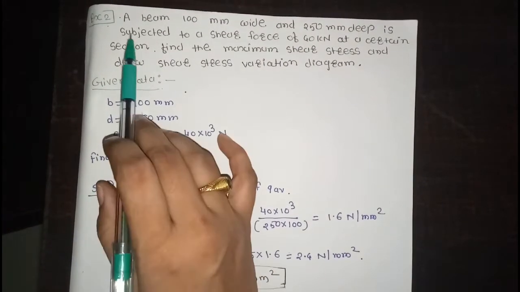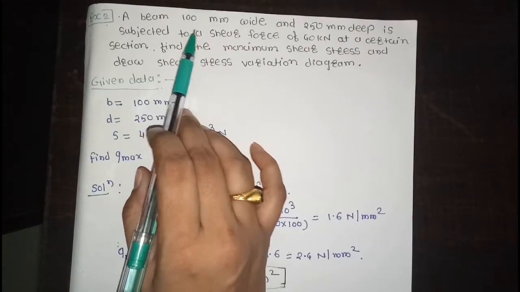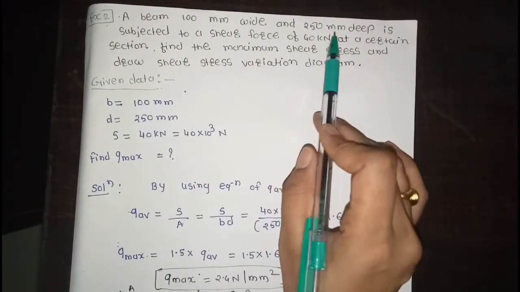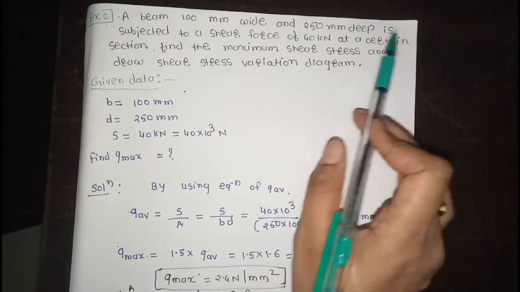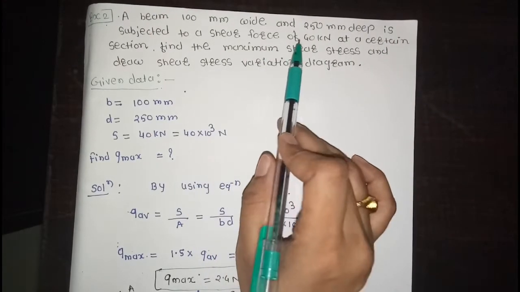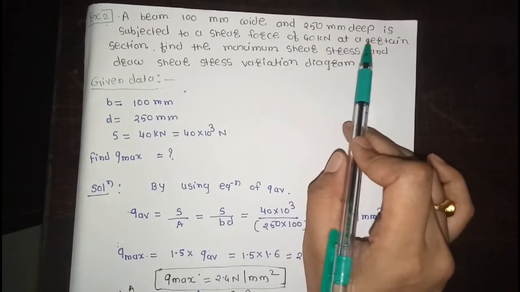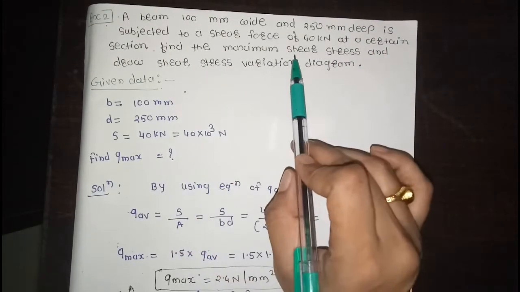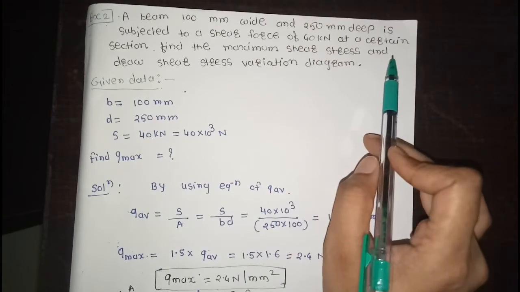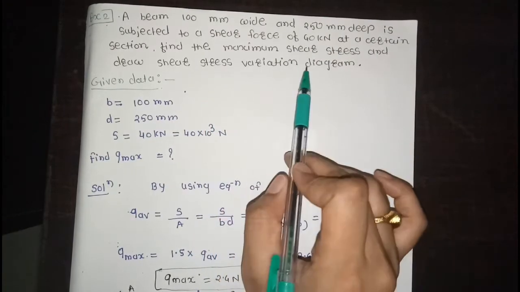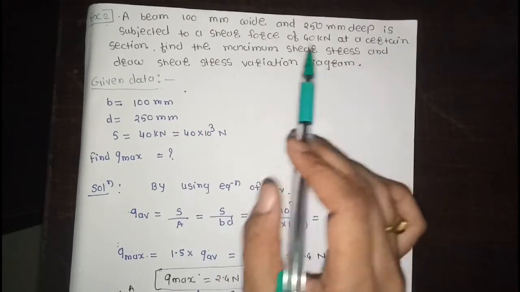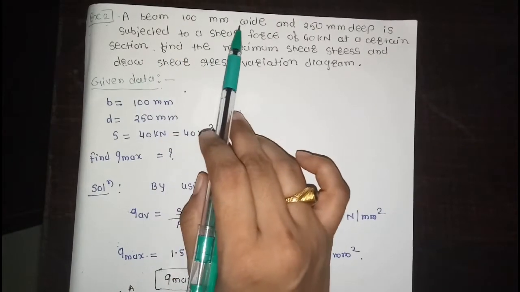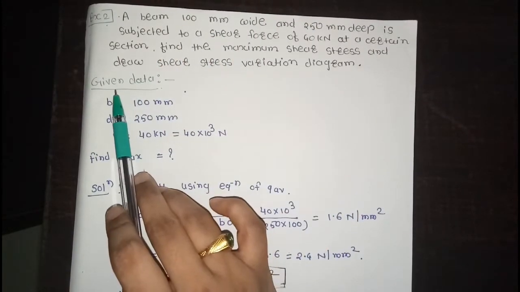So second example: a beam 100 mm wide and 250 mm deep is subjected to a shear force of 40 kilonewton at a certain section. Find the maximum shear stress and draw the shear stress variation diagram. First write the given data.